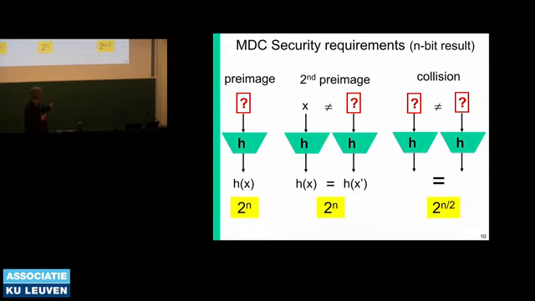If you generate 2 to the n over 2 inputs, you have a number of pairs of inputs equal to 2 to the n over 2 times (2 to the n over 2 minus 1), over 2. You can ignore this minus 1, so more or less you have about 2 to the n minus 1 pairs. And each pair has probability 1 in 2 to the n to match. So you expect to find a collision after 2 to the n over 2 attempts.